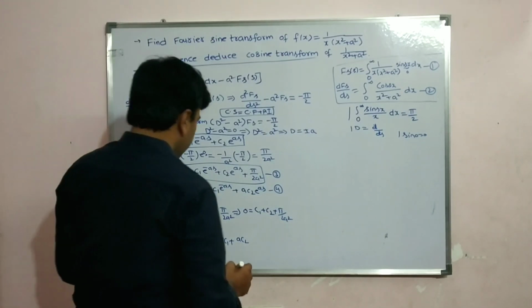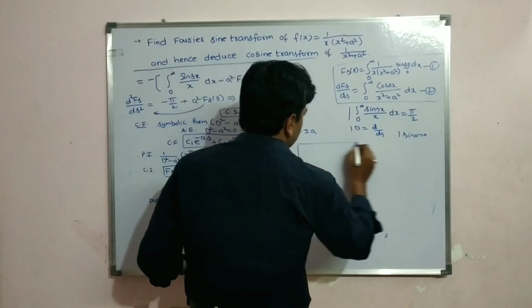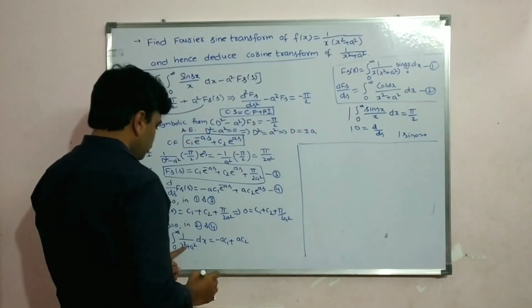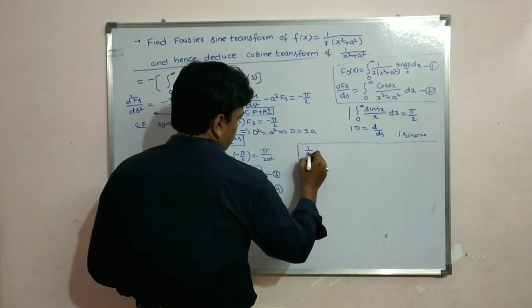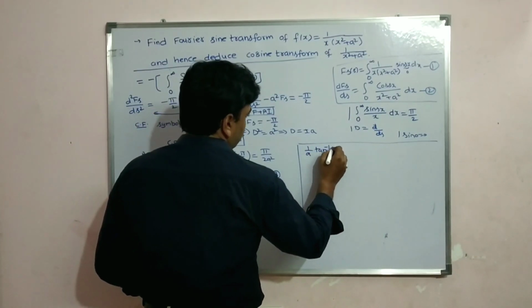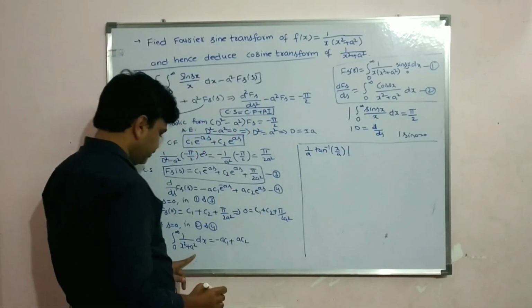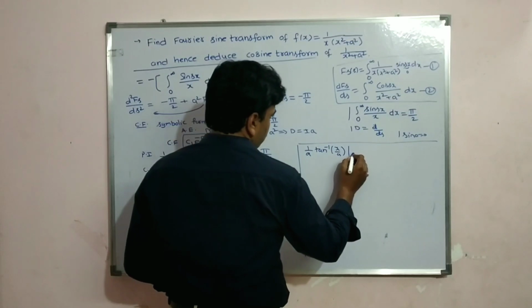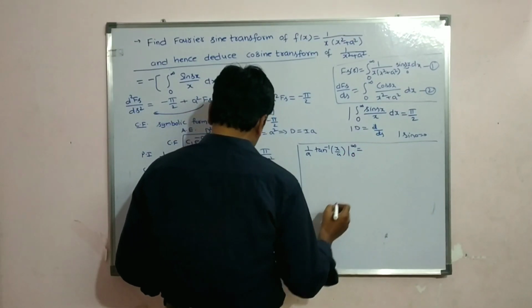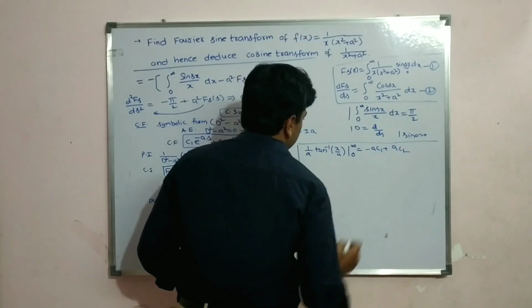Now I want to find this integration value. The integral of 1/(x²+a²) is (1/a) tan⁻¹(x/a), between the limits 0 to infinity, equal to −ac1 + ac2.